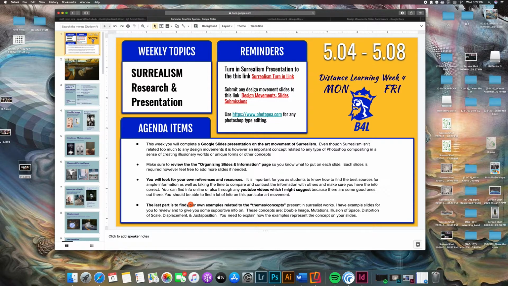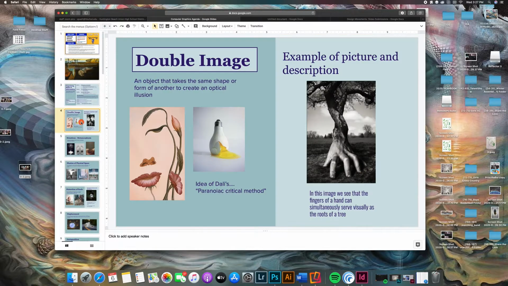All right, so the last part of this, aside from the actual research part and kind of giving away information, as we'll see, I want you guys to find your own references for themes and concepts, and that starts right here. Okay, so here's the organization slide information, and here, as you can see in red, starts the concepts.